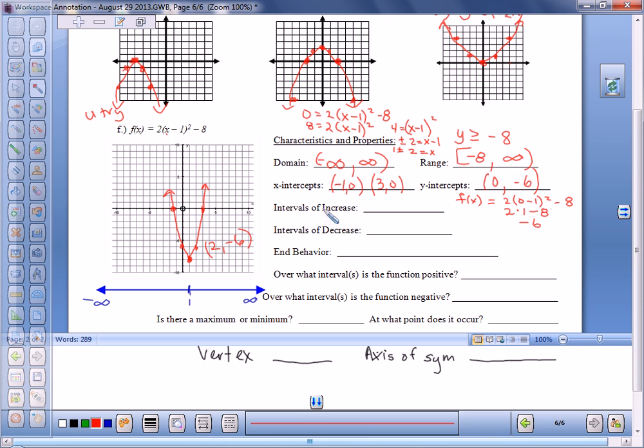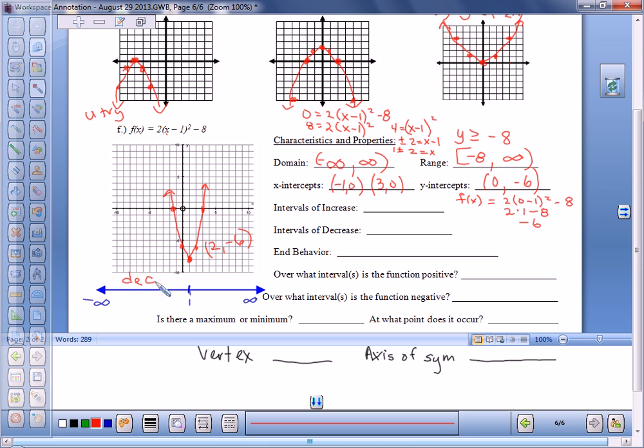So if I started here on the left side of this, and I headed right across the function, what is this function doing first? Decreasing. So it is decreasing from negative infinity to this 1, isn't it? And then after the 1, what starts happening? It's increasing.